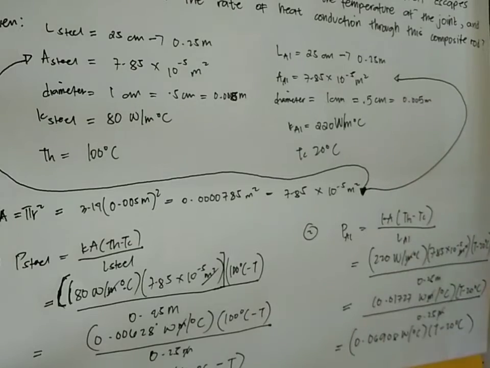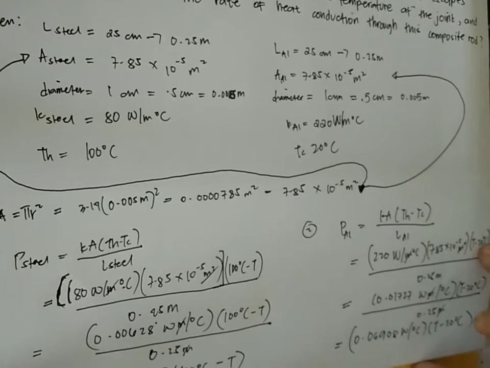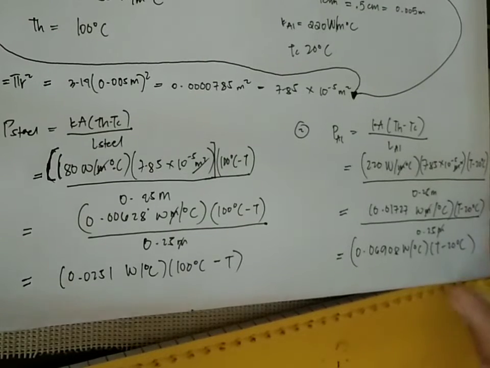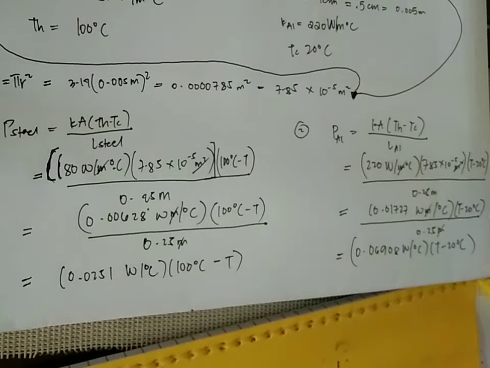So the first step is to write an equation to find the value of the unknown T.